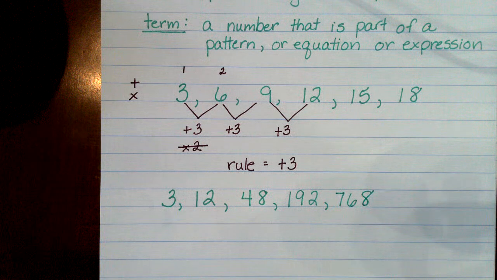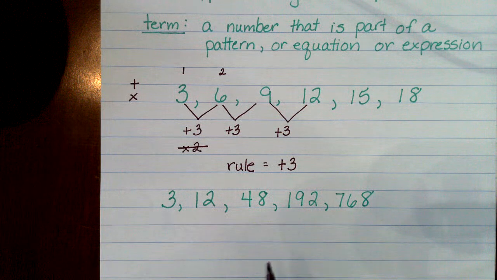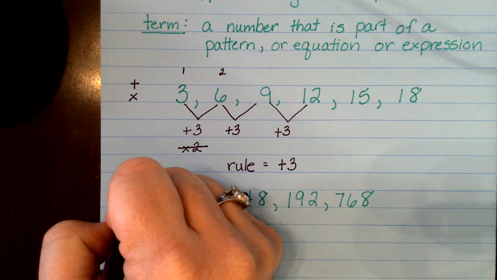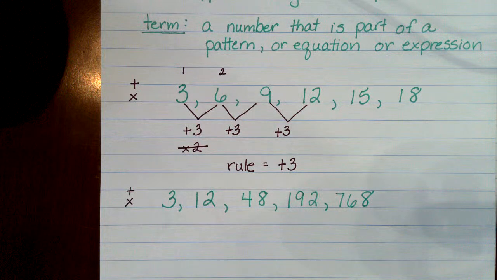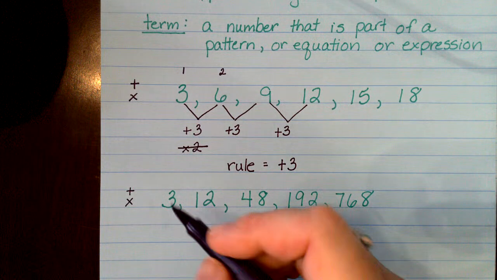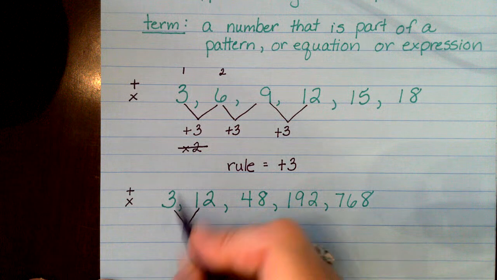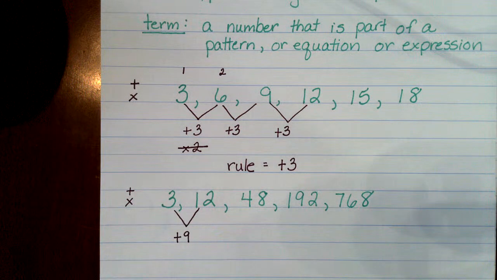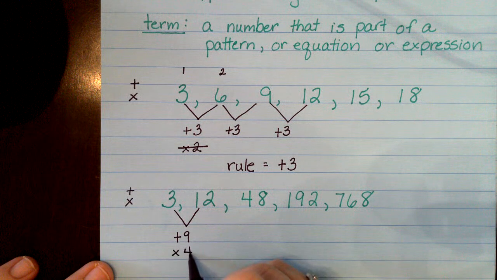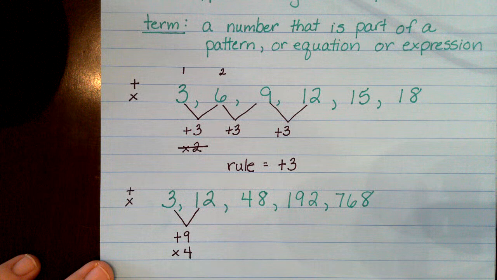Let's look and see what we can figure out about this pattern. Again, we know that it's increasing, so it's going to be plus or multiplying. I've already told you that it's related to multiplication, but if we didn't know, we would say, okay, 3 plus 9 equals 12, or 3 times 4 equals 12. So for the first term, we have either plus 9 or times 4.